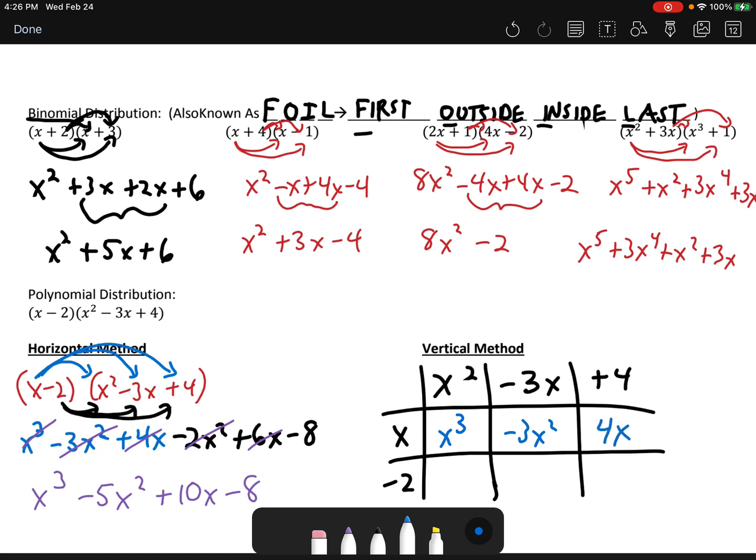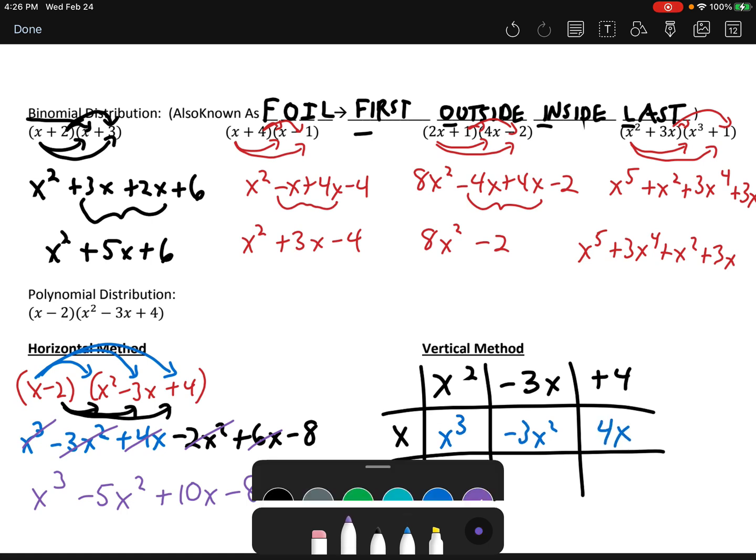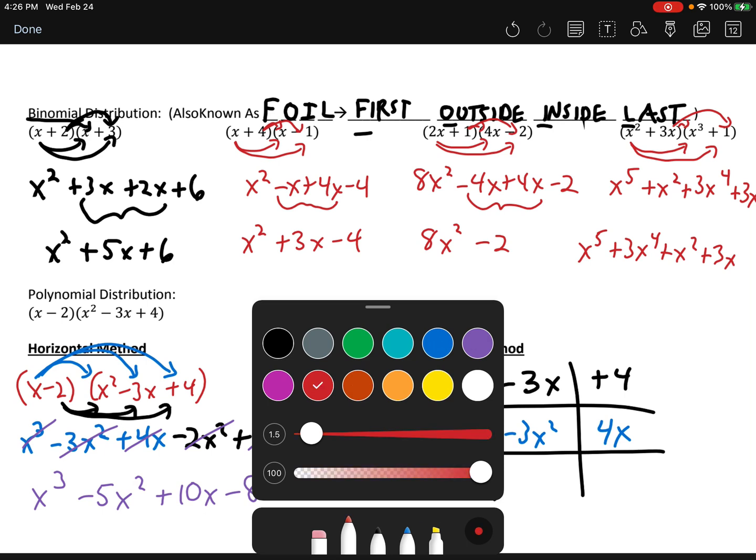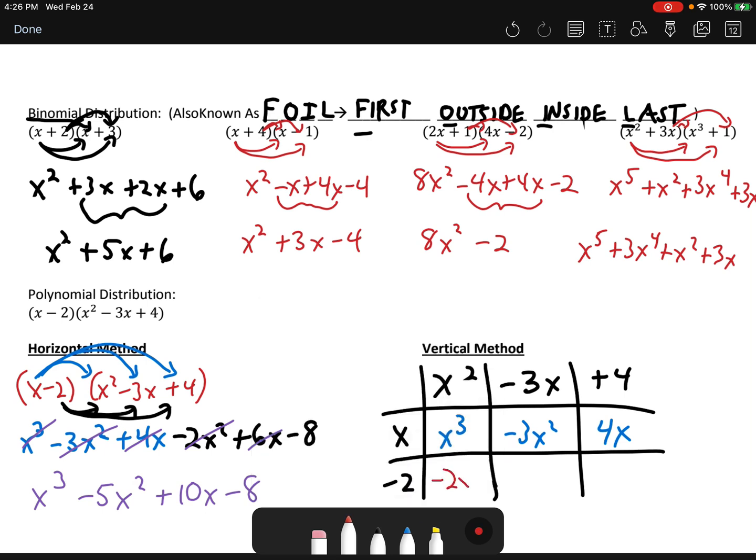X times 4 is 4x. This would be negative 2x squared plus 6x minus 8. So then if you look, these two combine to minus 5x squared. These two combine for 10x. Hey, that's the same thing we get over here.